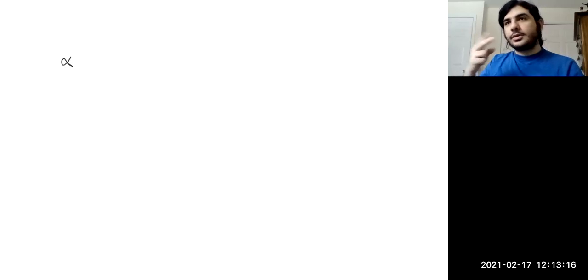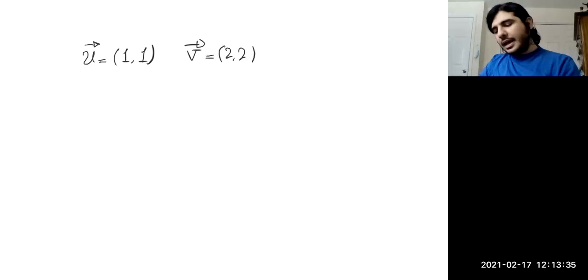So what does that mean? It means if we take two, well, there are two things to consider. Oh, it seems we have a counter example. Let's see. Someone has said consider these vectors. Say u to be (1, 1), v to be the vector (2, 2), and alpha to be 3.